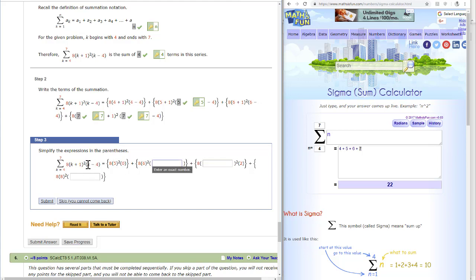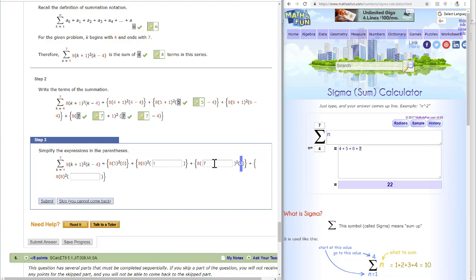So when k is equal to 5, this is 5 minus 4, which is equal to 1. And then k is equal to 6. 6 plus 1, so this must be 7 squared. And then 7 minus 4 is equal to 2. I'm sorry, 6.